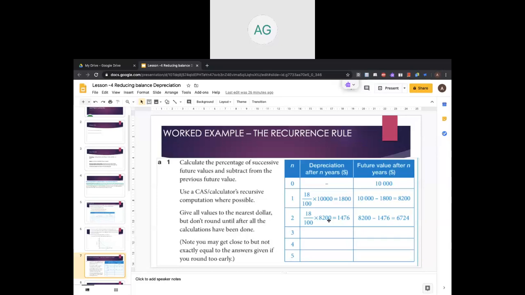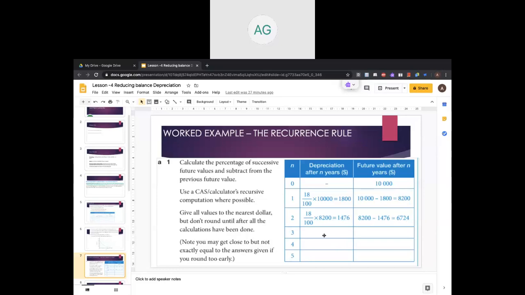This is reducing balance, that's why it's known as reducing balance, because it's reducing in balance every year. The second year, it would be 18% of the first year's amount. Then you deduct $1,476 from 8,200, which is 6,724.